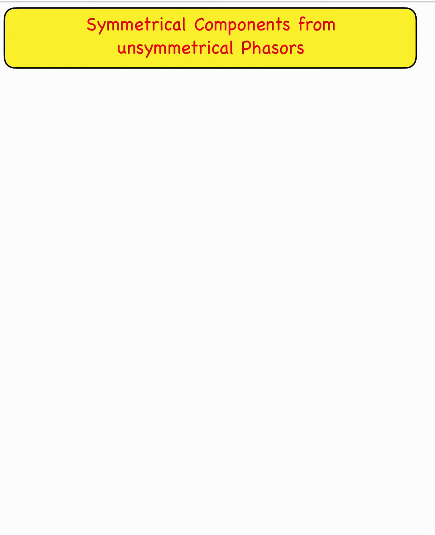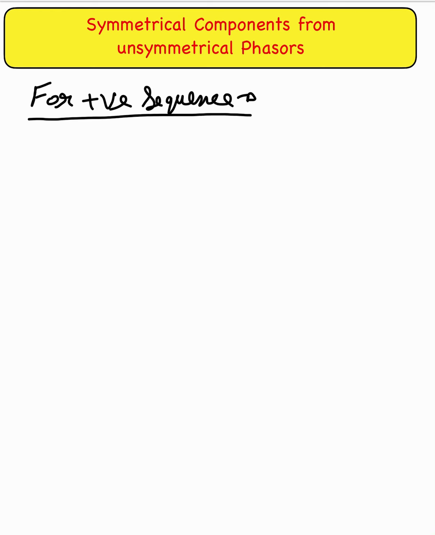Today we will learn the symmetrical components from unsymmetrical phasors. In the previous lecture we discussed the positive sequence. How do we draw the phasor diagram for the positive sequence?